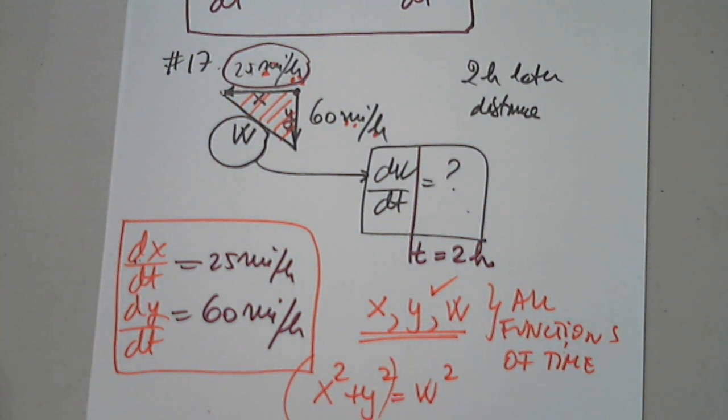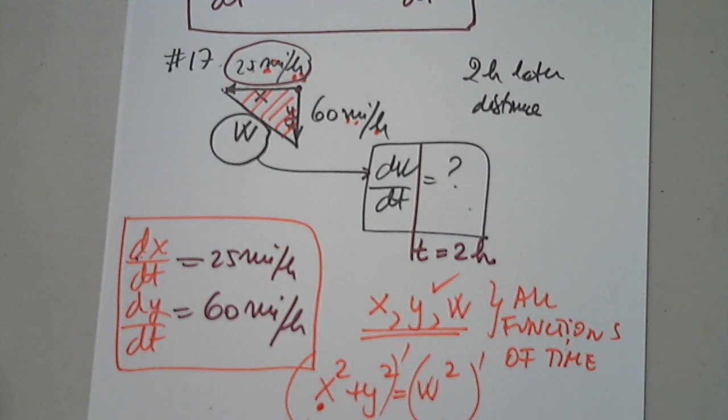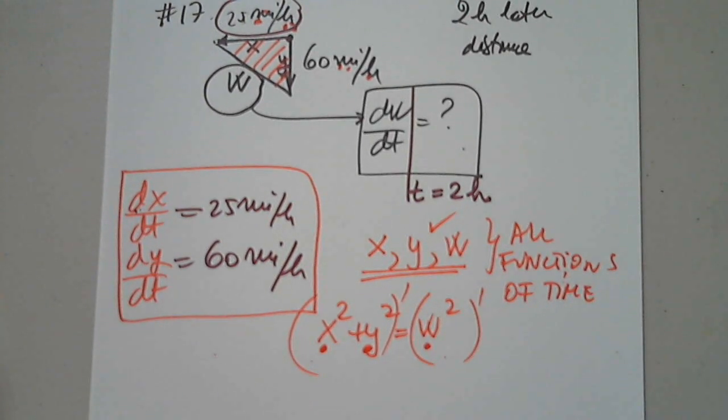And now I have to differentiate both sides, keeping in mind that x is a function of time, y is a function of time, w is a function of time. Who would like to try to differentiate both sides with respect to time?